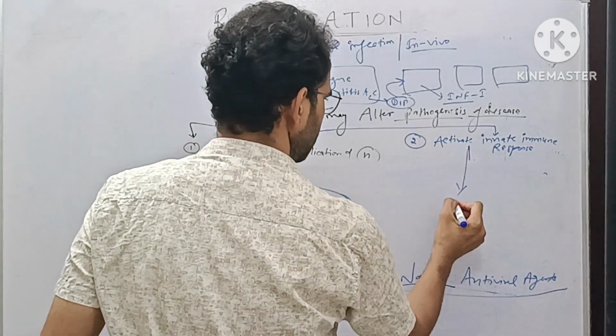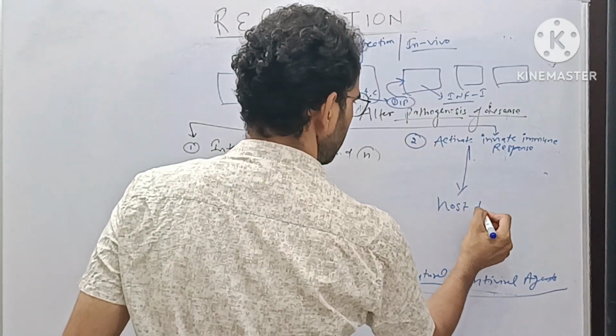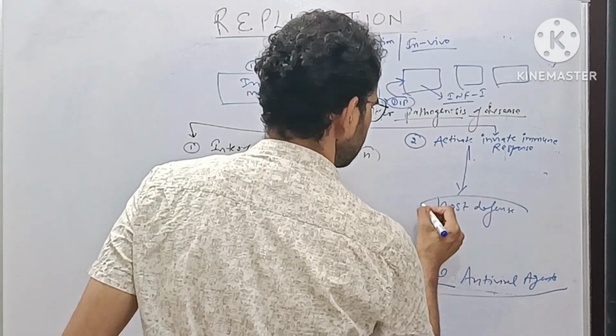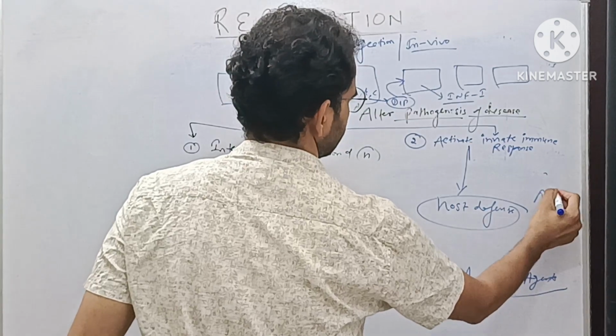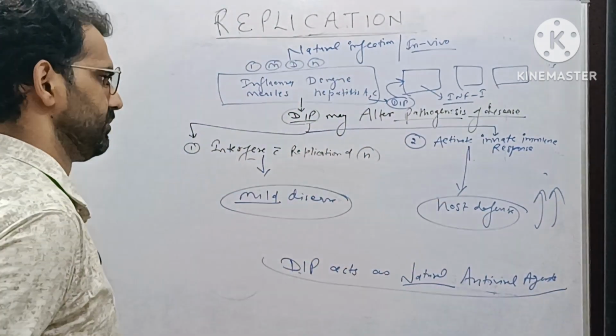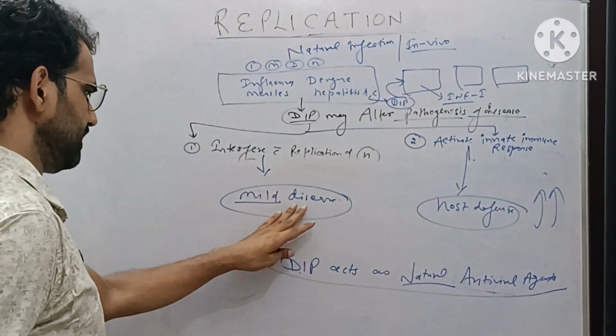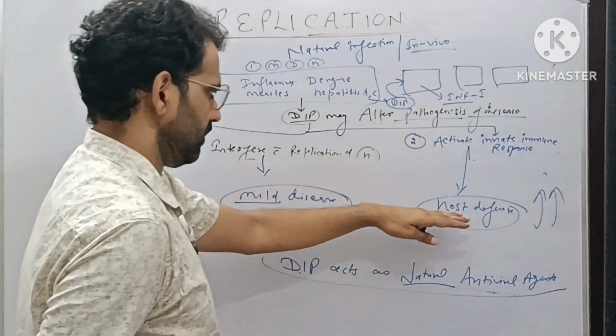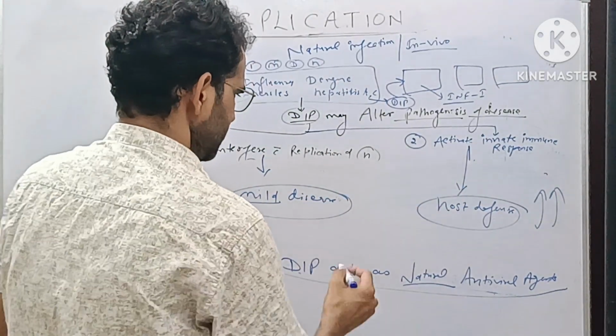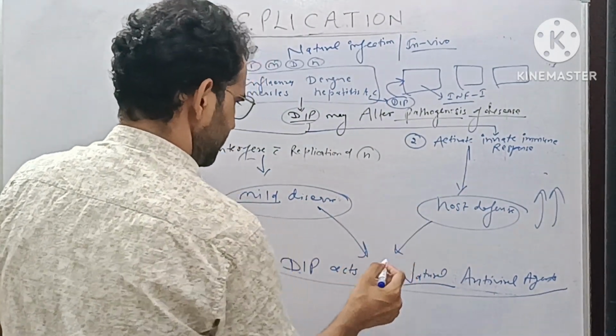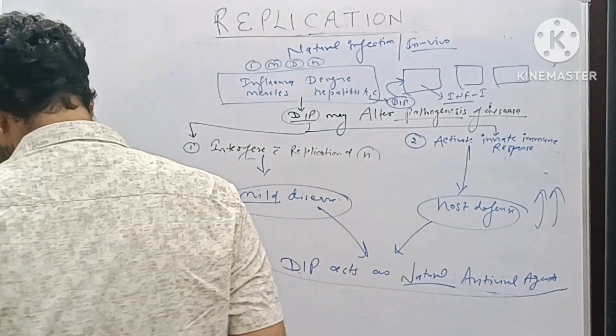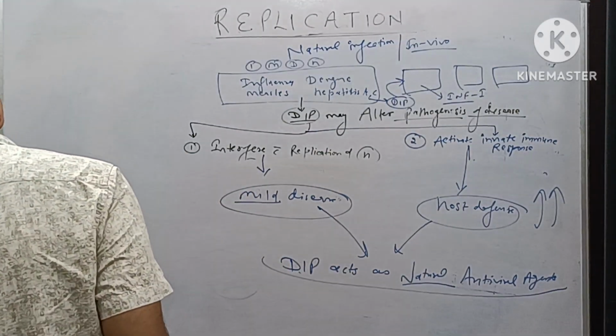And here the end result is that host defense increases because of interferon and cytokine production. So in this way, with mild disease and host defense activation, they act as a natural antiviral agent.